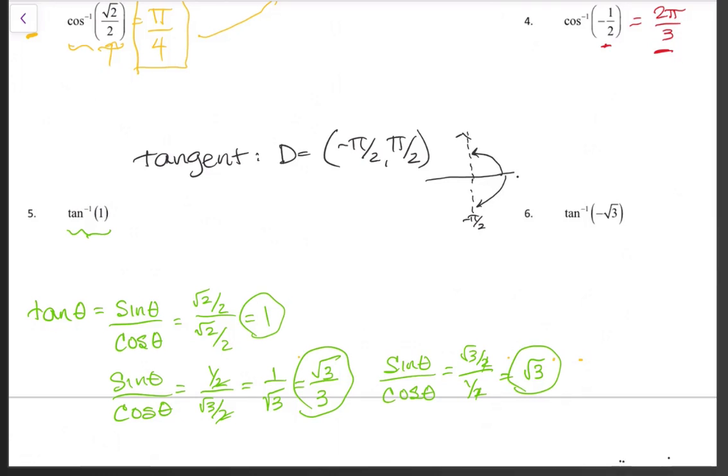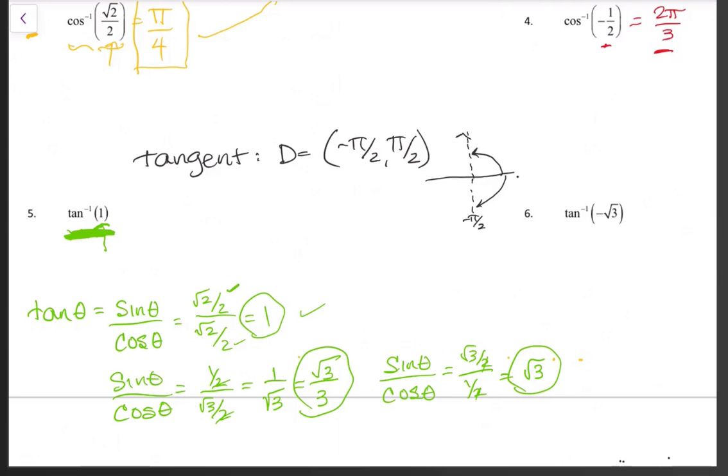So when I look at this example of the inverse tangent of 1, I know that I'm looking for this ratio here. I'm looking for the angle where tangent is 1, which means sine is square root of 2 over 2, cosine is square root of 2 over 2. And I know that I'm looking for a positive value of 1, so my signs have to be the same.